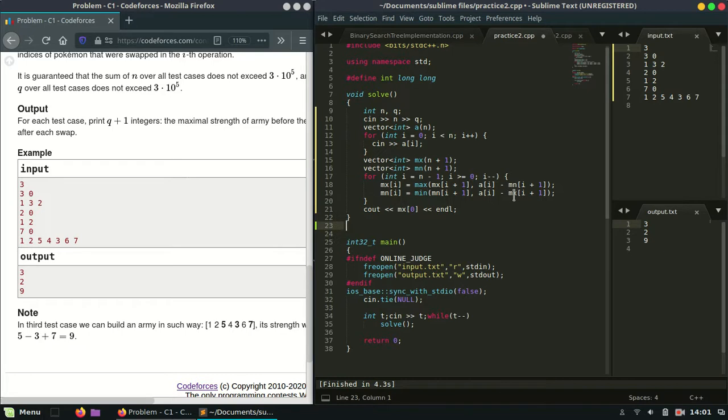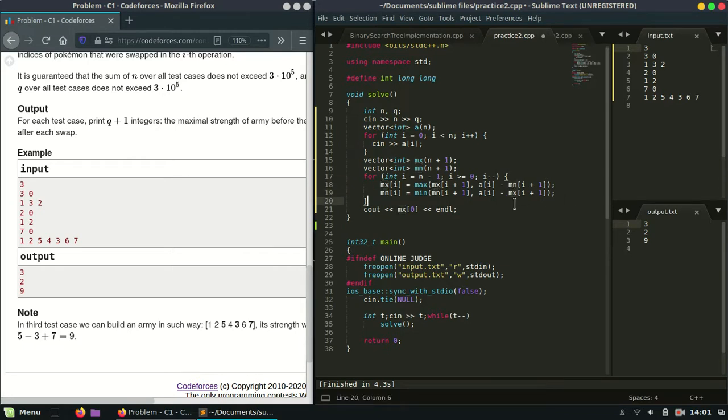But here you should remember one thing. We are decrementing min, which means min i plus 1, and here we are decrementing max.